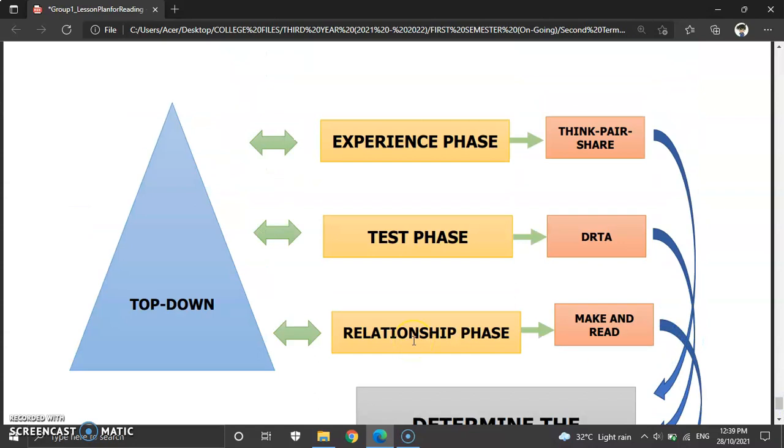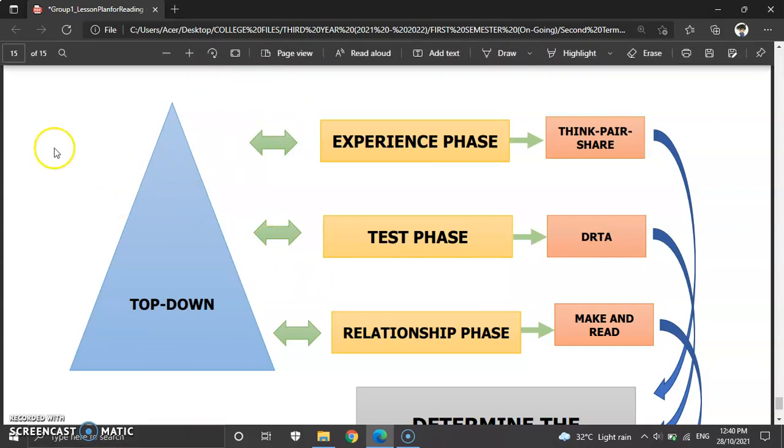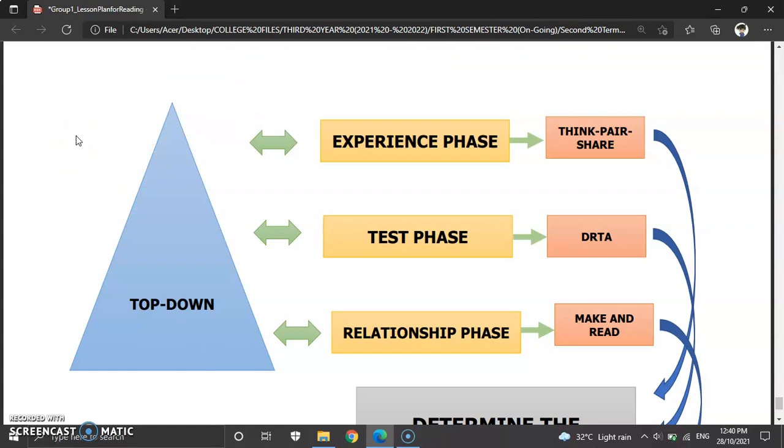The approach that we used in this discussion is the top-down approach, through a content-centered approach. It is content-centered because the teacher will provide reading materials and reading texts, and the students will just read those texts and determine the author's purpose of the text.